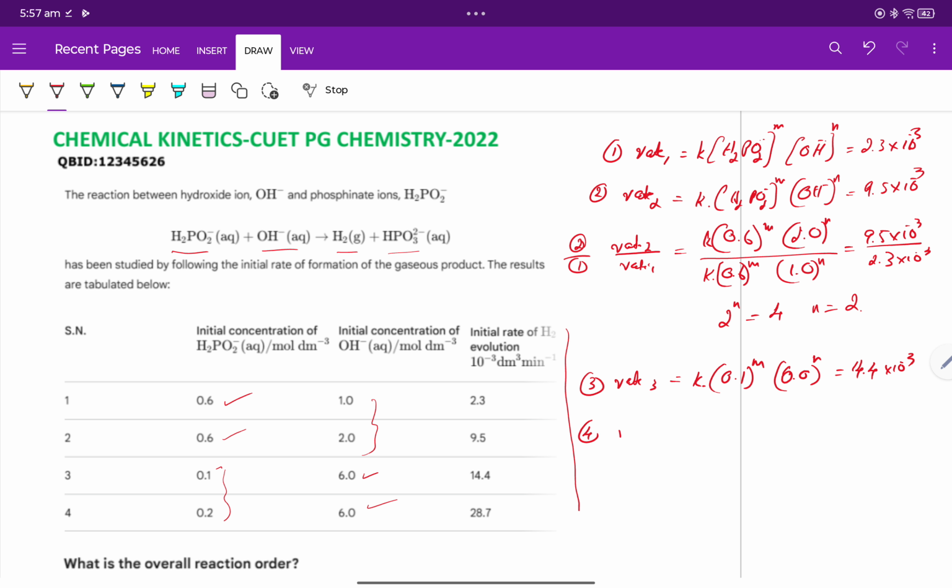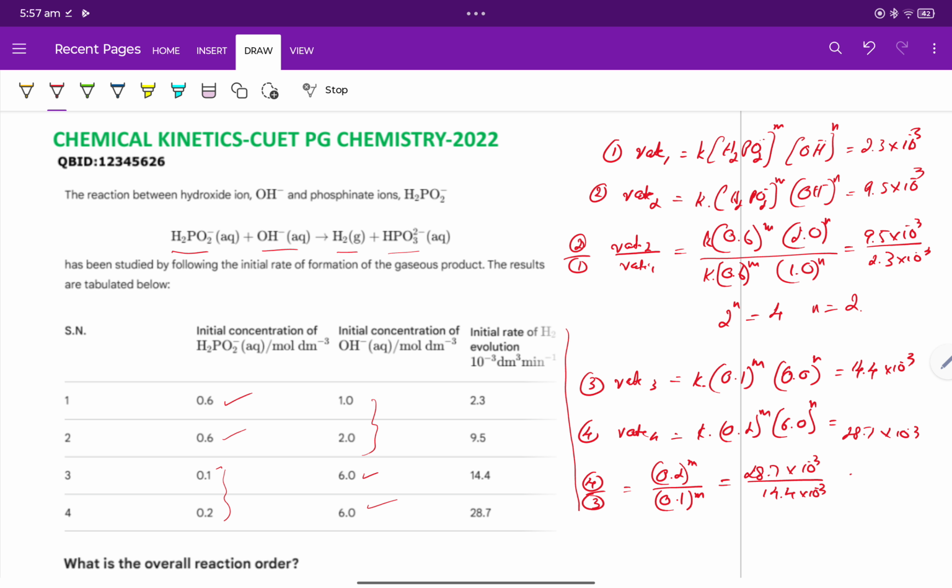The fourth one, rate 4, will be equal to K into 0.2 to the power of m into 6.0 to the power of n, which is 28.7 into 10 to the power of minus 3. So equation 4 by equation 3, simplifying, gives 0.2 to the power of m divided by 0.1 to the power of m equal to 28.7 into 10 to the power of minus 3 by 14.4 into 10 to the power of minus 3.